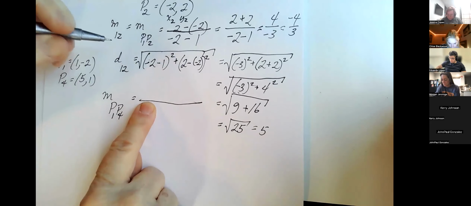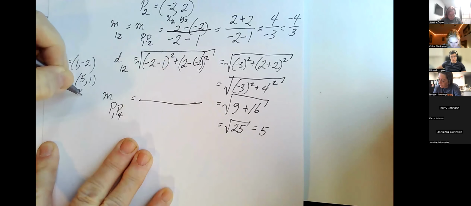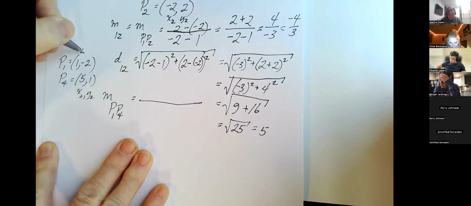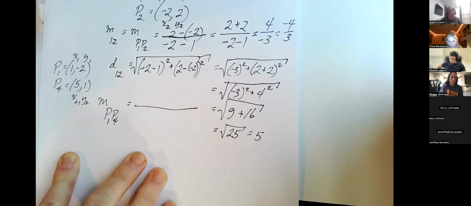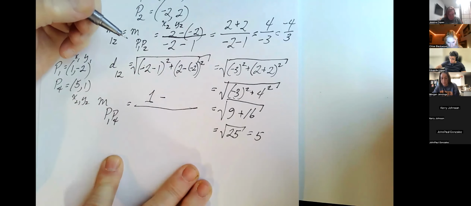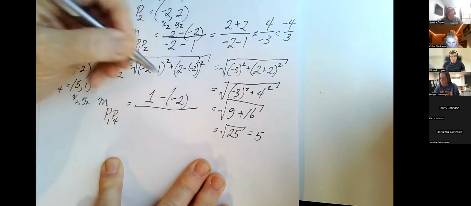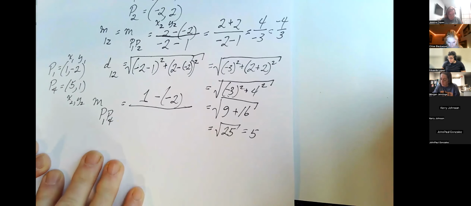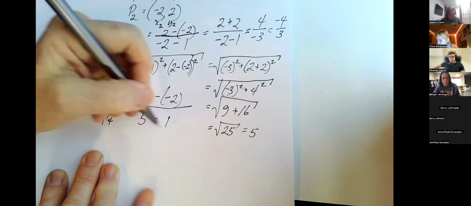So Y2 is 1, and Y1 is negative 2. What do I have to do? Parentheses. Lovely. And X2 is 5. Good. And X1 is 1. Lovely. If I have 2 negatives in a row, what does that mean?